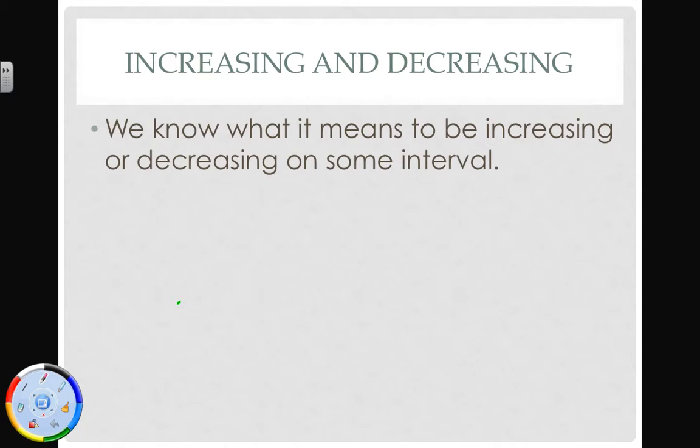So what we lead into on this particular section is some increasing and decreasing things, some things that come from it, how we can use the derivatives to determine increasing and decreasing, and again, that big word that we're getting to. Okay, so we kind of know what it means to be increasing and decreasing.